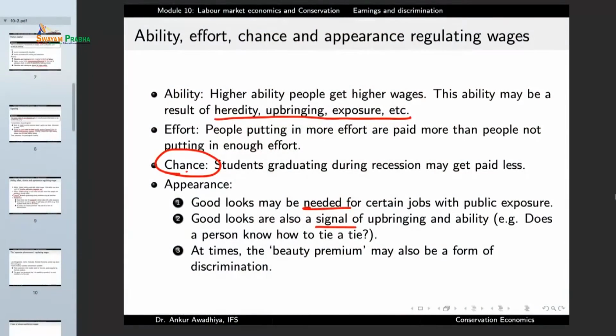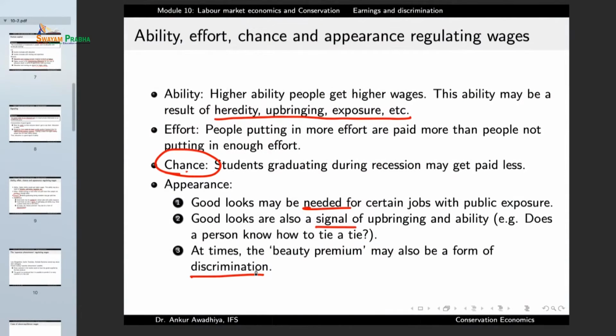So, with these, people can make out certain deductions about the qualities that people might be having, because you have an indication of the kind of upbringing this person has been through. So, good looks might also be a signal, and in certain cases, the beauty premium may be just a form of discrimination.